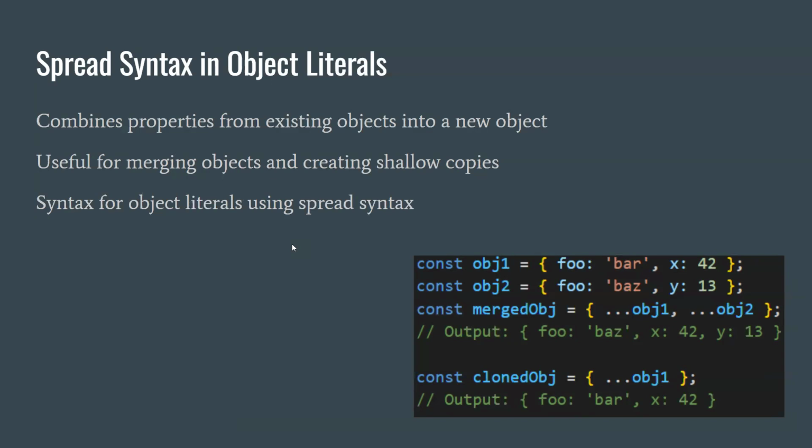It's important to note that this is a shallow copy, similar to how spread syntax works with arrays. However, it is an incredibly useful feature for tasks like updating object properties or combining multiple sources of data into a single object.